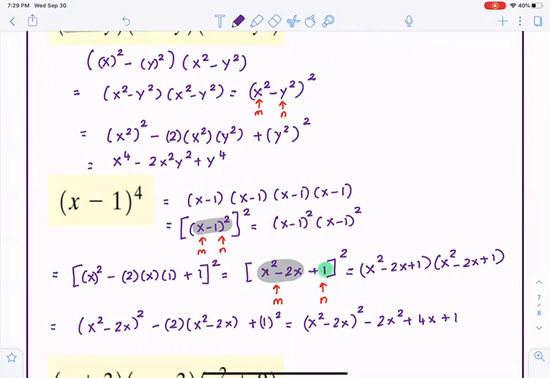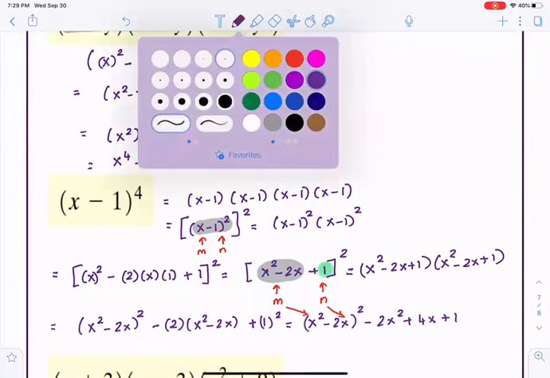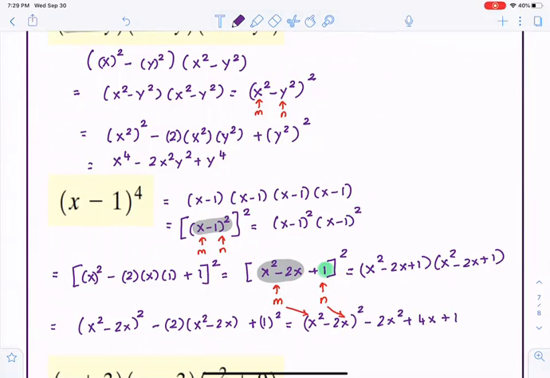Now you can realize that x squared minus 2x whole squared is the same concept of having m and n. So what is m minus n squared? I'm going to rewrite that part using the identity m minus n whole squared.